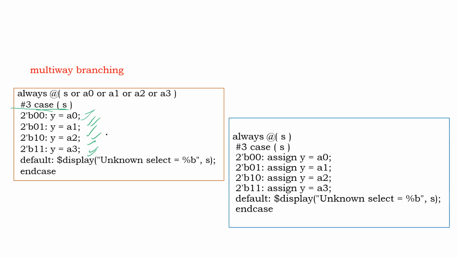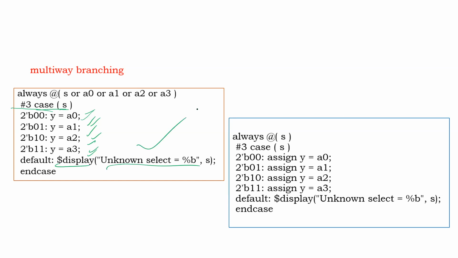At that time you can take the default value as display unknown select value. Whenever you find the select values are 0x or 1x or x0 or x1, simply it displays this statement, unknown select value.